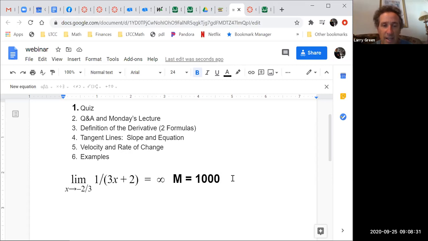Instead of saying the absolute value of f of x minus L is less than a number, because L is infinity and you can't subtract infinity, what you do is you say f of x, and you don't even need absolute value if you're going to infinity because it's positive anyway, is greater than 1,000. Does that make sense?